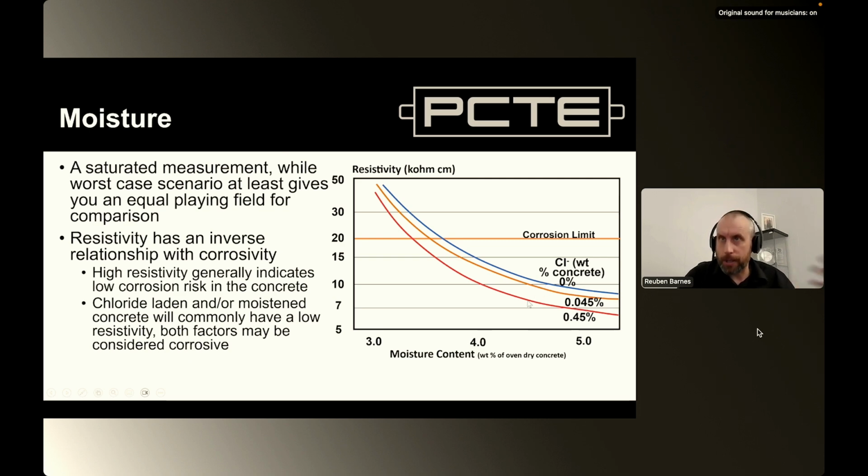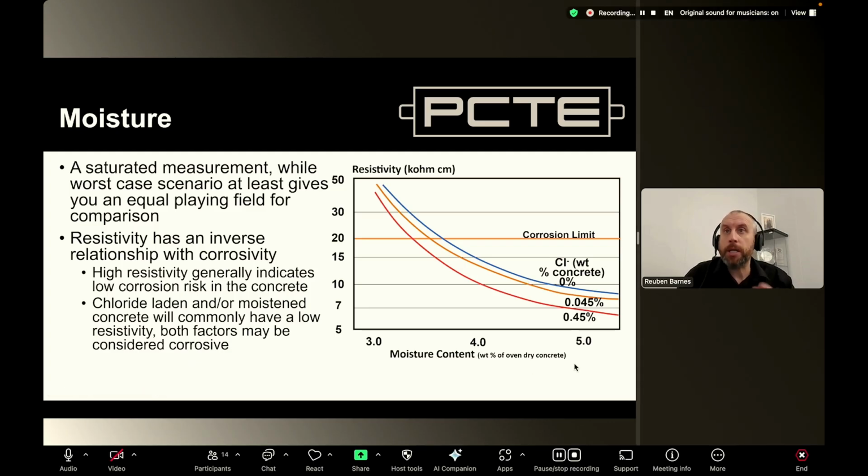And chlorides, obviously, if we go back to the original mechanism, will destroy our passive layer. And so it is a good way of determining how affected particular points on a structure are by chlorides.